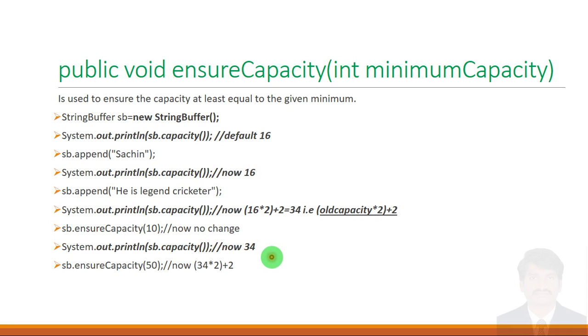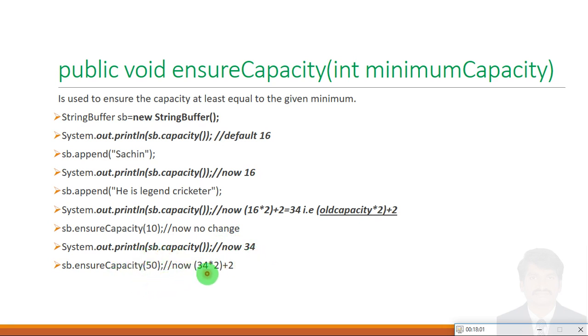But when we call SB dot ensureCapacity(50), the request here is to make sure that the minimum capacity of the string buffer is 50. We have the capacity of 34 and the requested capacity is minimum 50.